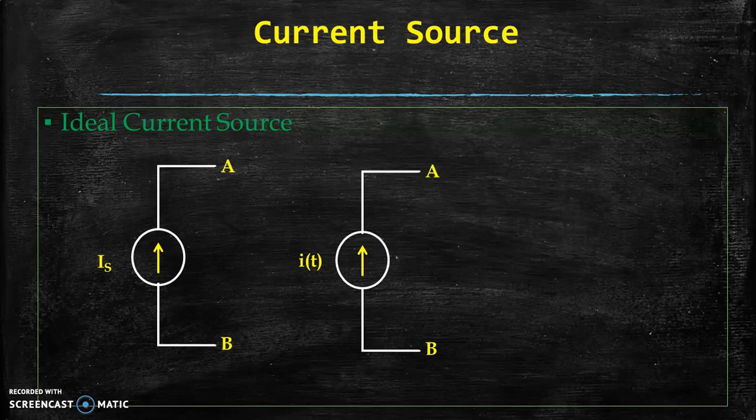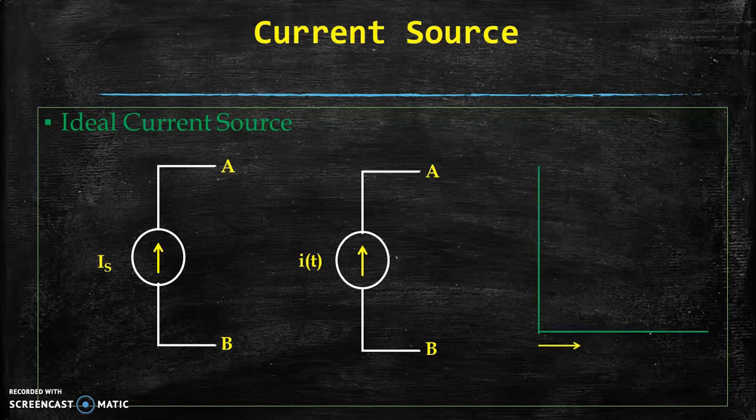In case of ideal current source, if we connect a load across the terminals and if load impedance decreases, meaning if load current increases, source current always remains constant irrespective of any value of load impedance. Let us see the characteristic.